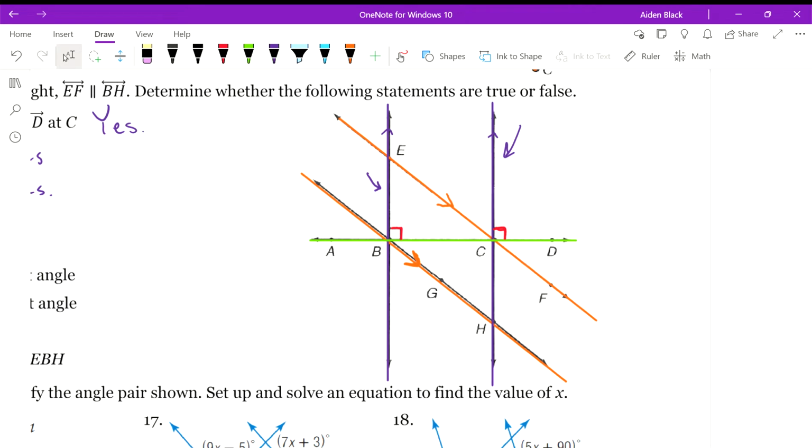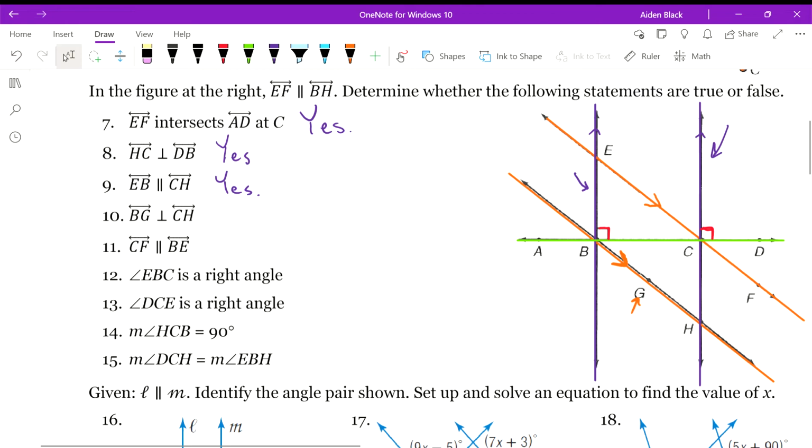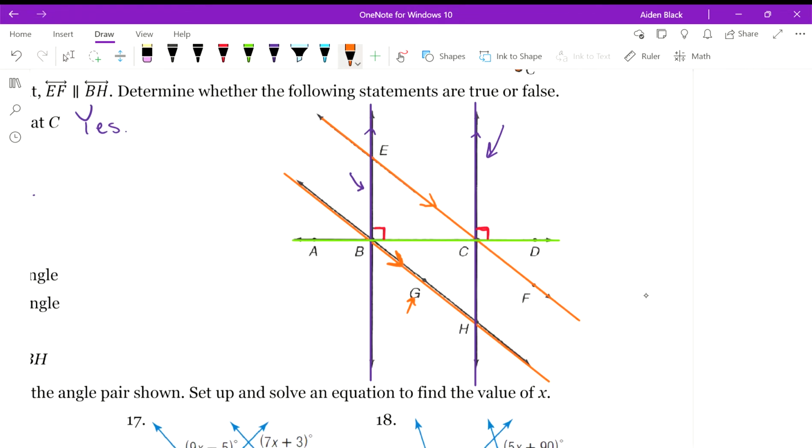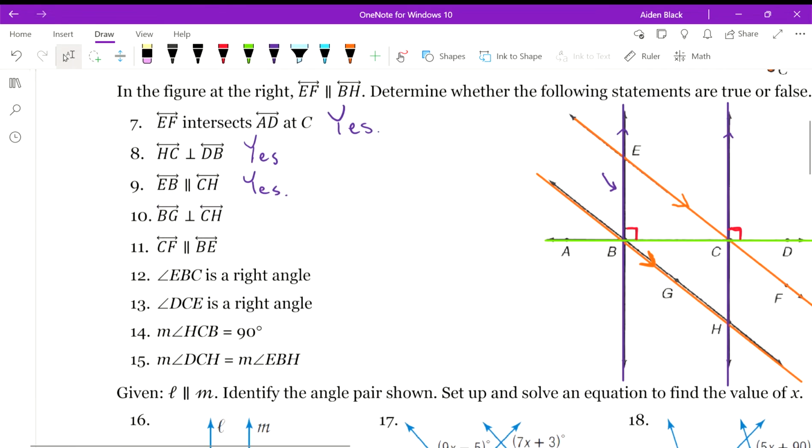BG is this orange line right here, and we want to know if it's perpendicular to CH. So CH, again, is this purple line. And there is no indicator that it's a right angle, and there's no way we can use the current transversals to say that they're perpendicular. In fact, I think we could prove that they're not perpendicular. So this is kind of a dead giveaway.